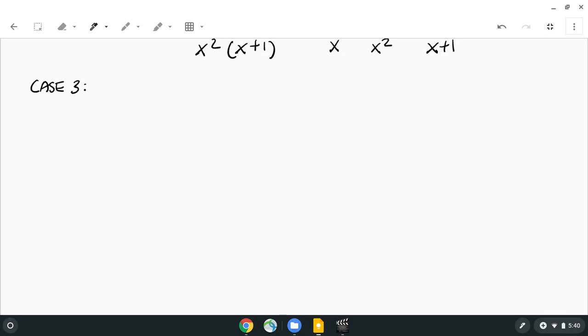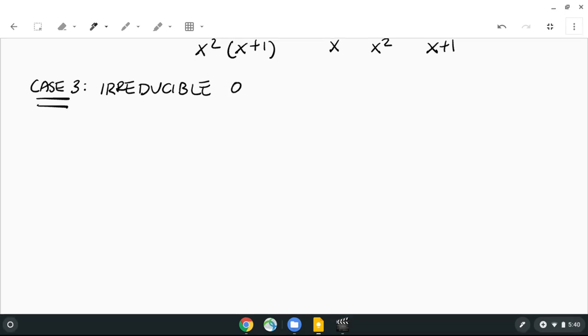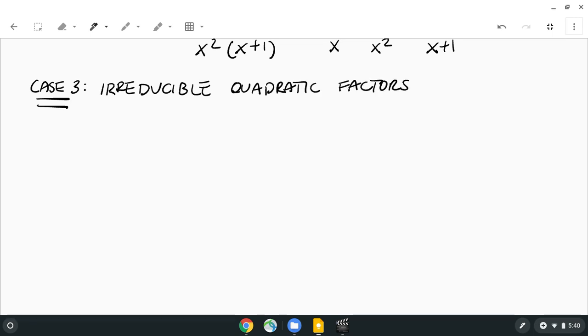Case 3 is if you have irreducible quadratic factors. Irreducible means not factorable.